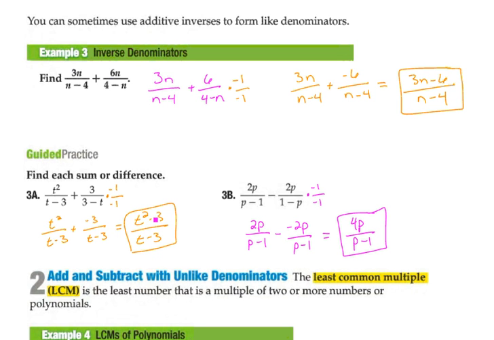This is the difference operation. Here, throwing that negative through the second one, I'm subtracting a negative p. So when I do combine these, because now I have like denominators, I have 2p minus a negative 2p, which is a positive 4p. Okay, that's why I kept the same operation. I just made sure I understood that that term was negative.